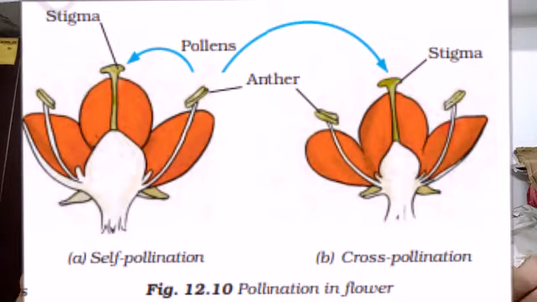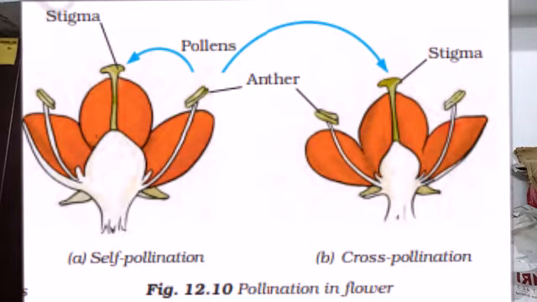So these pollens stick to the body of the insect and travel with it. Pollens travel by the help of water, wind and insects, and sometimes by the human body also.